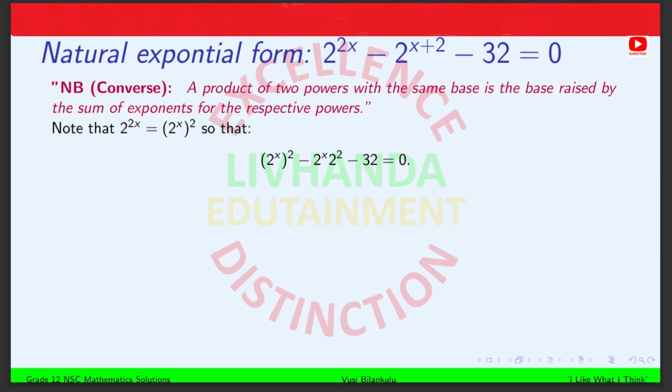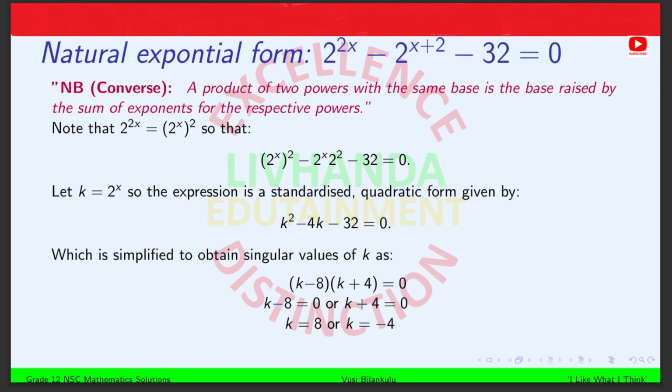So the equation becomes base 2 exponent x all raised by 2 minus base 2 exponent x times 2 squared minus 32 equals 0. And then let k equal 2 exponent x so that the expression is a standardized quadratic form given by k squared minus 4k minus 32 equals 0.